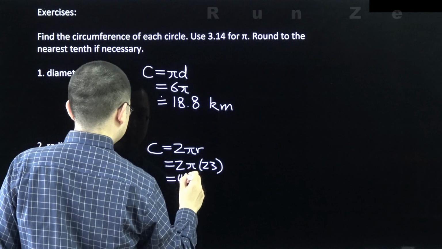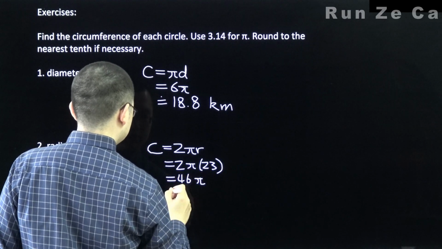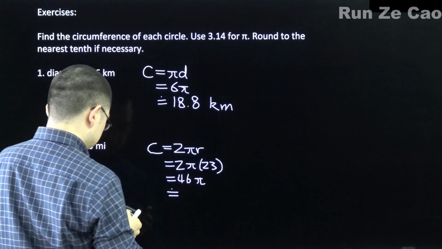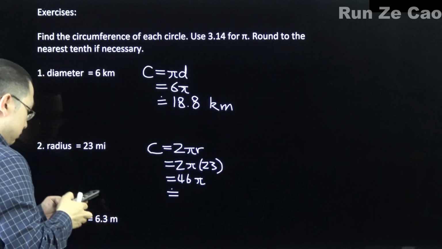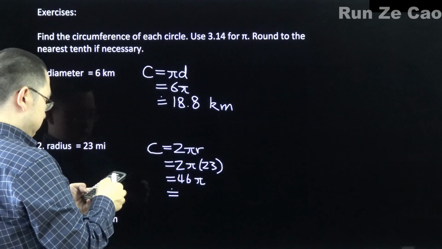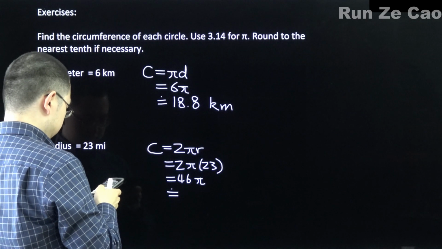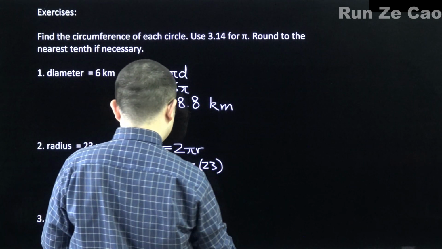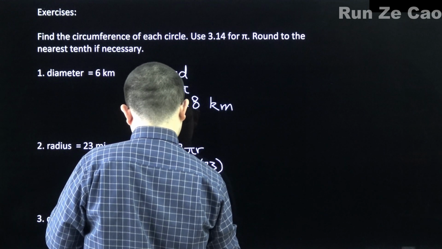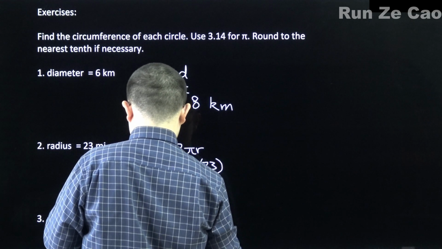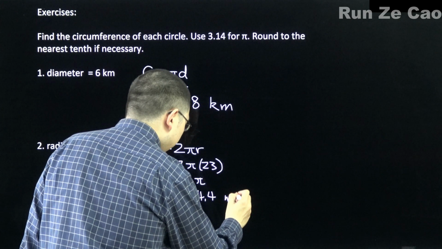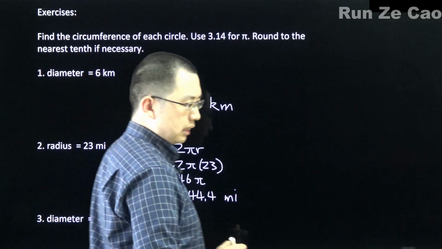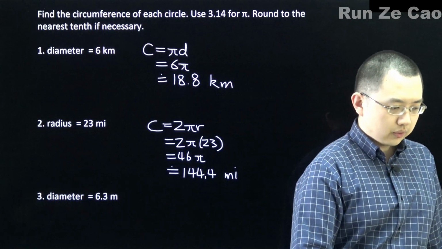That's 46 pi miles, which is approximately 3.14 times 46, because it says use 3.14 for pi, approximately 144.4. The units here are miles.